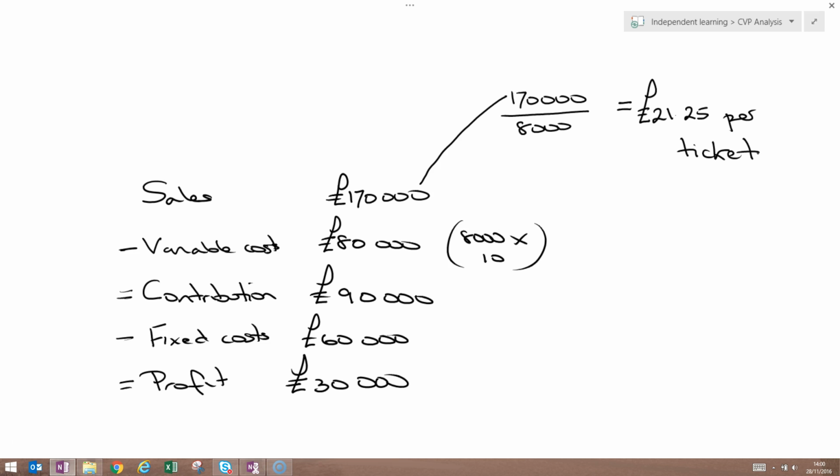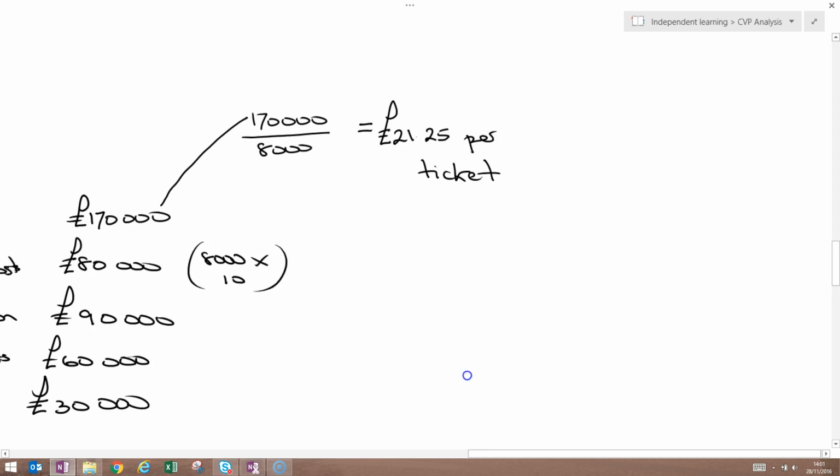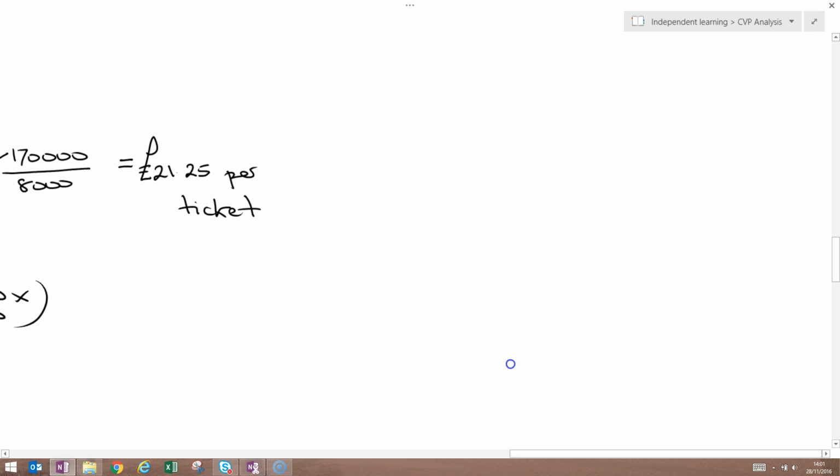Now that's not the only way that you could approach this particular part of the example. You could have used the target profit formulae and rearranged it. Now for some of you who may prefer that method, I will run through it, but don't worry if you're not so keen on this second method. There is no definite way of calculating these, just so long as you can come up with the right answer.